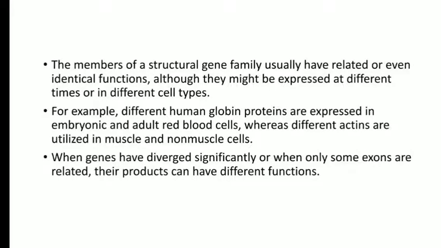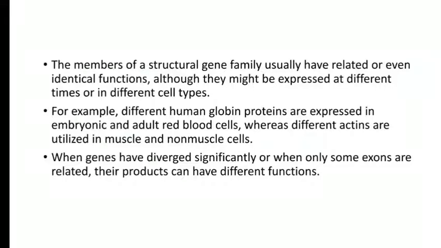The members of a structural gene family usually have related or even identical functions, although they might be expressed at different times or in different cell types. For example, different hemoglobin proteins are expressed in embryonic and adult red blood cells, whereas different actins are utilized in muscle and non-muscle cells.